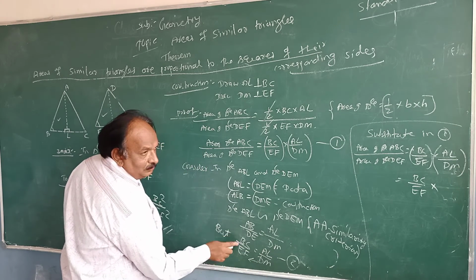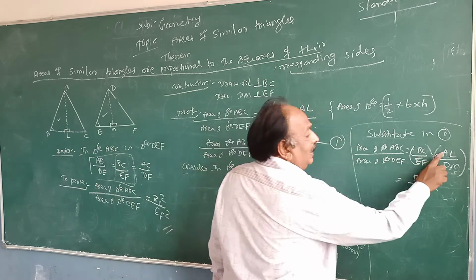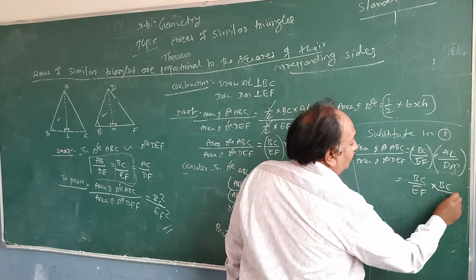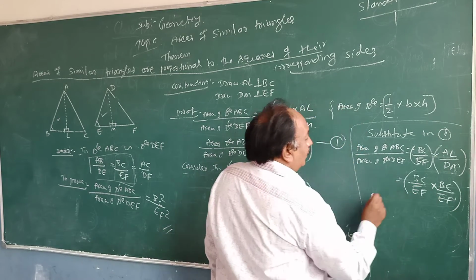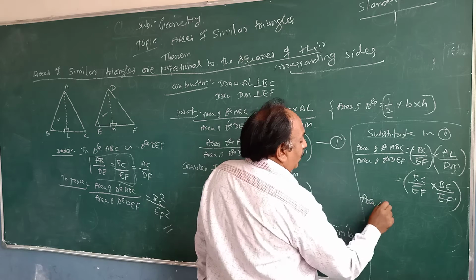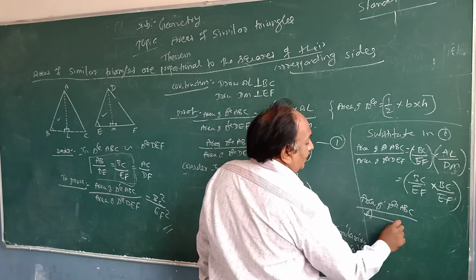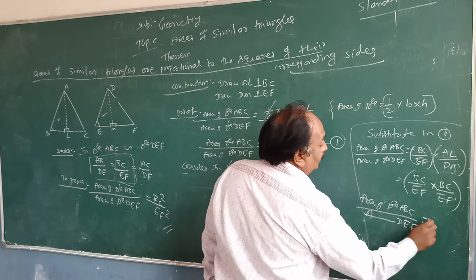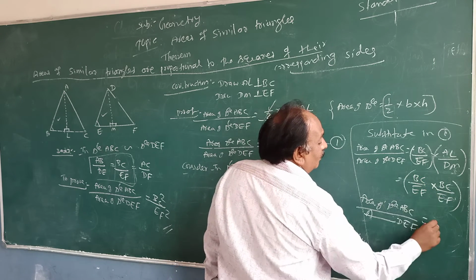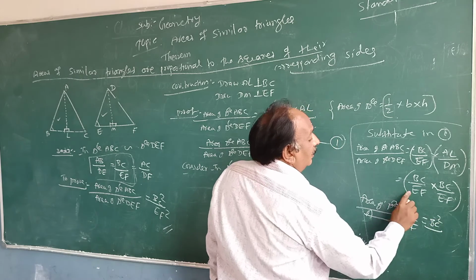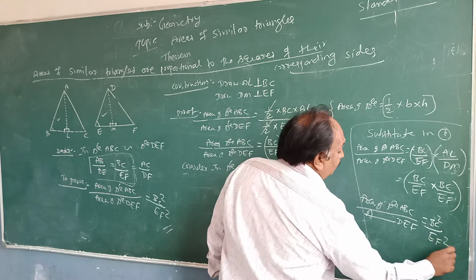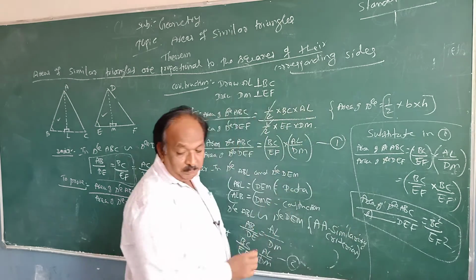AL by DM is equal to BC by EF. In place of AL by DM, we substitute BC by EF. Therefore, final step: area of triangle ABC divided by area of triangle DEF is equal to BC square by EF square. The theorem is proved.